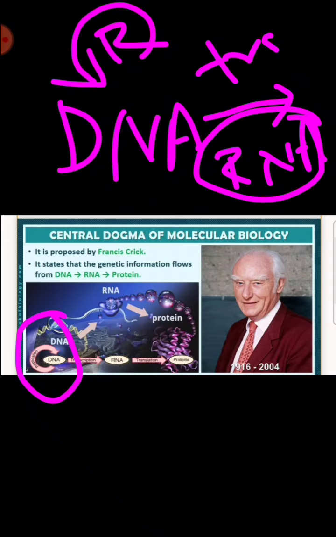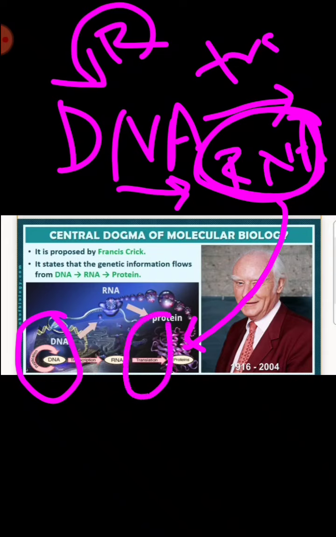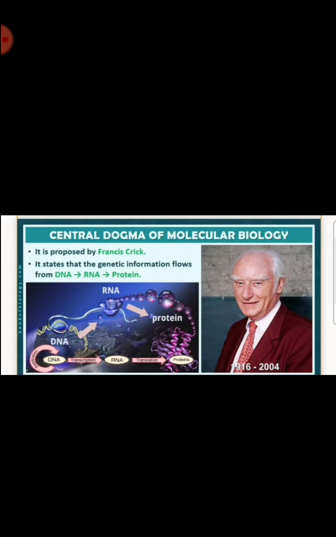So the DNA undergoes transcription to produce RNA, and then the RNA will have some information which is taken from DNA. This RNA again produces proteins; it codes for proteins by the process called translation.